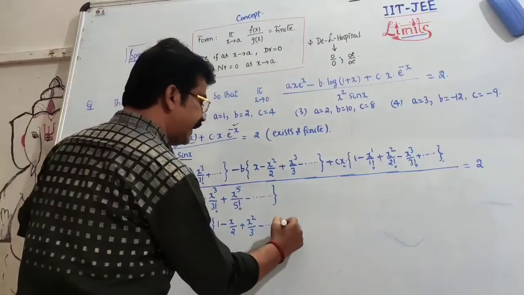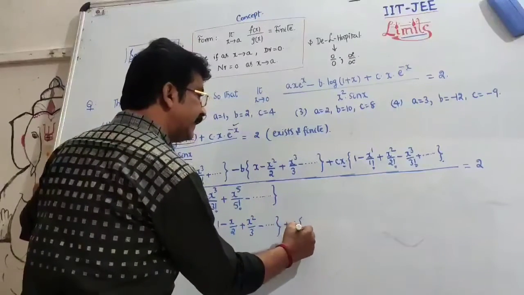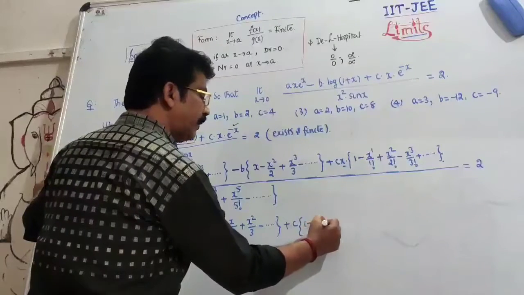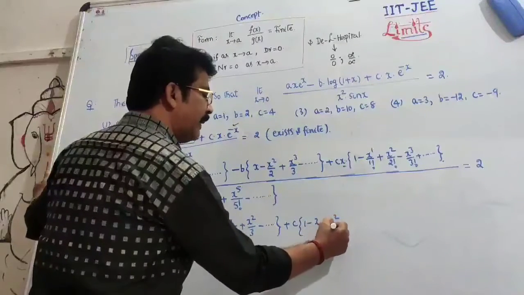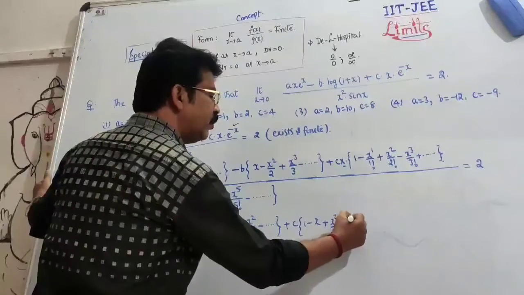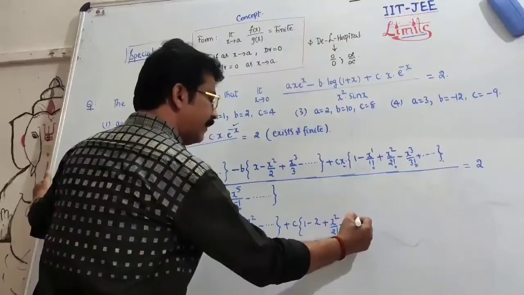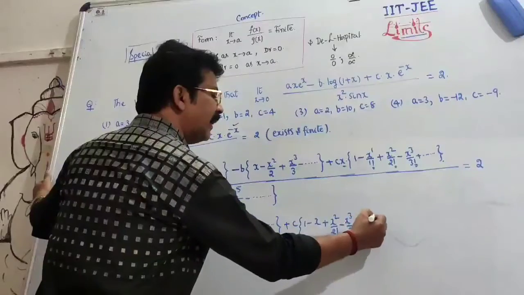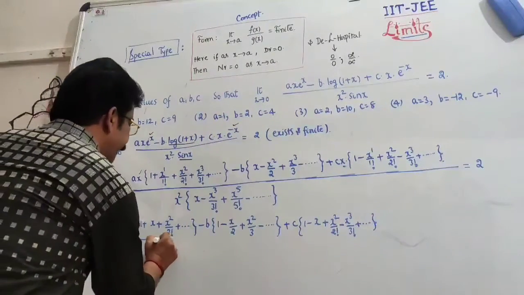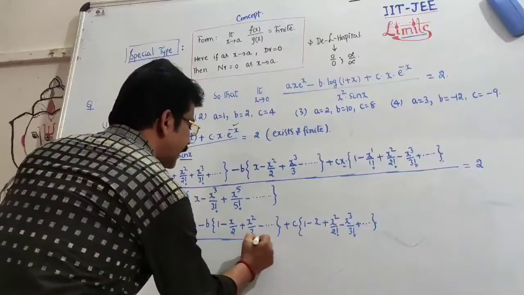Next x already cancelled, c into 1 minus x plus x square by 2 factorial minus x cube by 3 factorial plus and so on, whole divided by, it is the numerator.